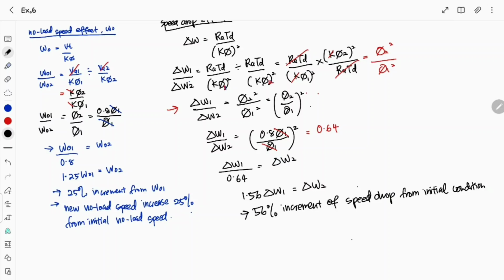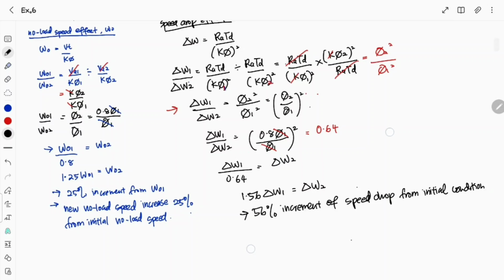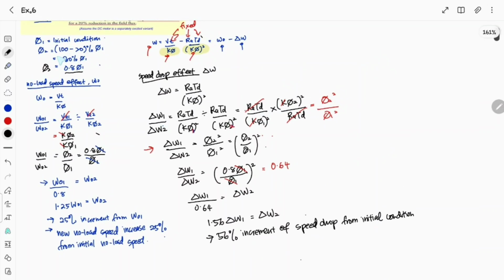Okay, the longer version is, if we reduce the flux by 20% from the original flux, what happened? The rest of the flux is now 80%. Okay, with this 80% flux from the initial condition, this flux reduction will increase the speed drop by 56%.